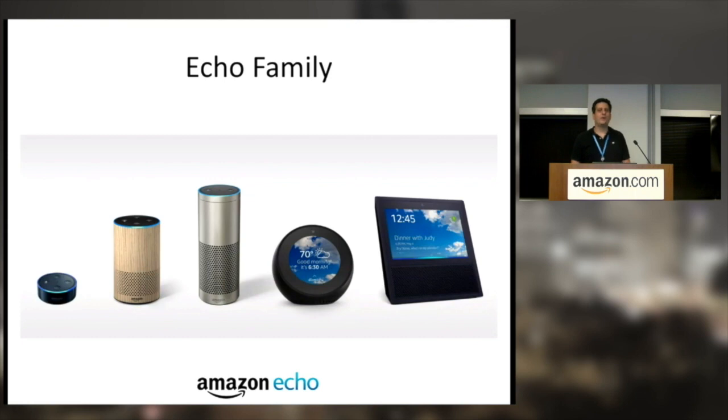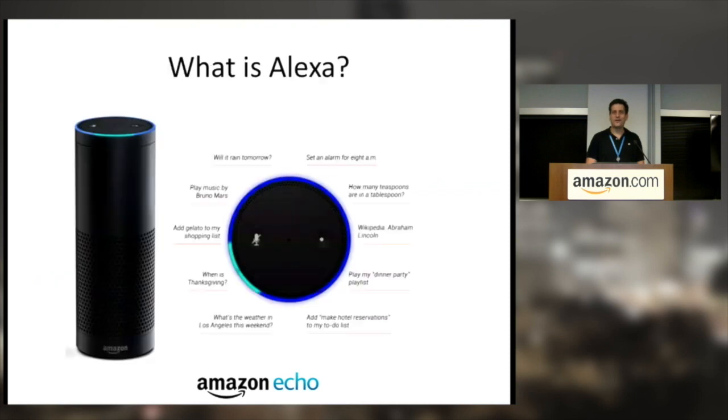And this is the new Echo Spot that is going to be available at the end of the month, which is like a small alarm clock you can put near your bed, and you can have video chat with it. It's a very cool and nice device.